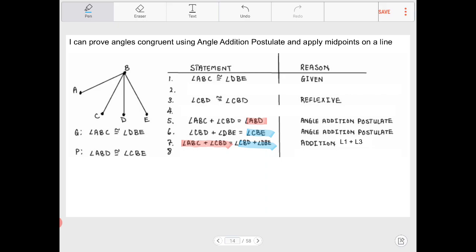So I am substituting lines 5 and 6 into line 7 to have my conclusion that ABD is congruent to CBE. And the reason for this is because I'm substituting these lines 5 and 6 into line 7.